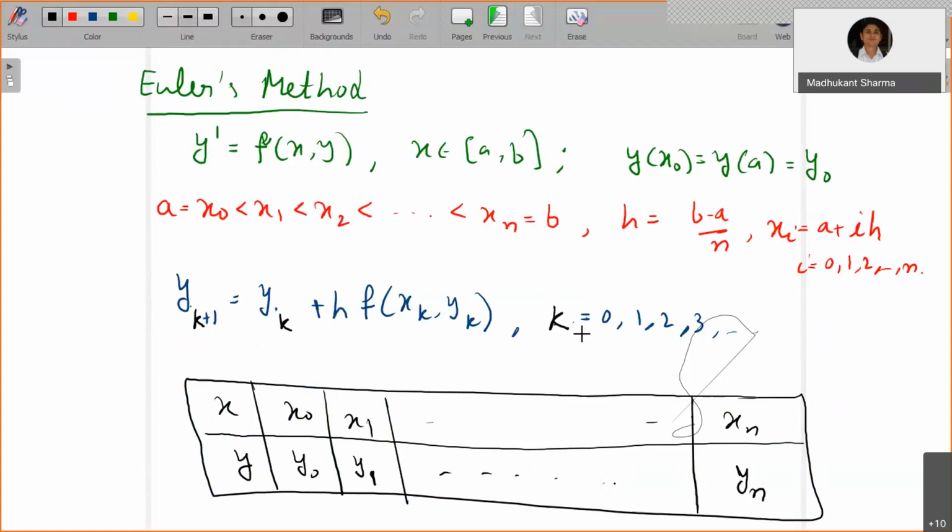Right. Now let's talk about the error in Euler's method.